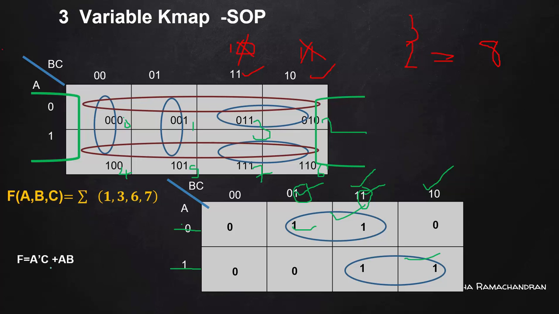So the representation is A and B. A with value 1, so its original form is required. B with value 1, so its original form is required. So these two min terms are combined using logical OR operation. So this is the minimized SOP form using Kmap simplification here.